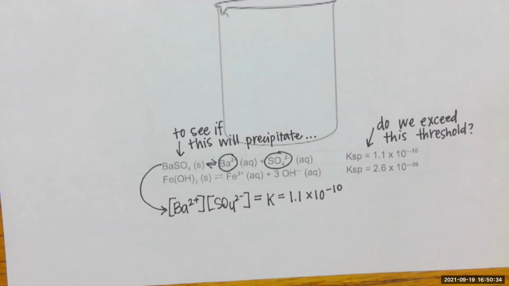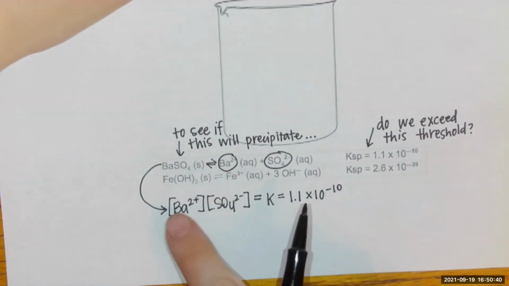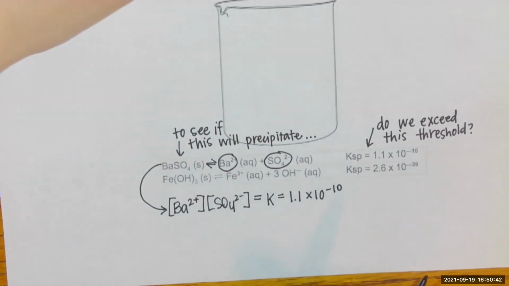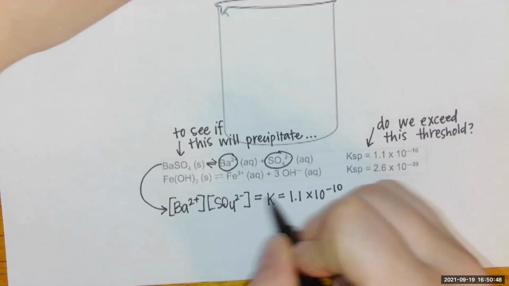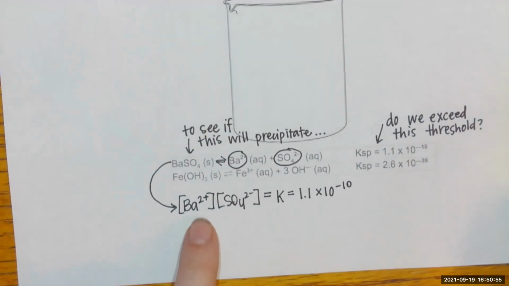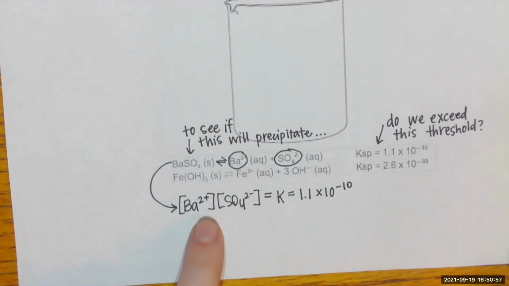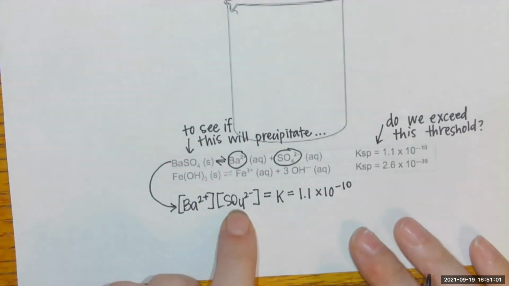Because if so, then it's going to precipitate. So I'm going to take the Q right out of the middle because this equals this equals this. Let me just eliminate K from the equation here. Just kind of turn that into one big fat equal sign. And let's figure this out because we got to see in our new beaker, do we exceed this threshold?